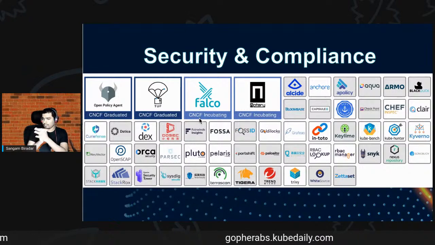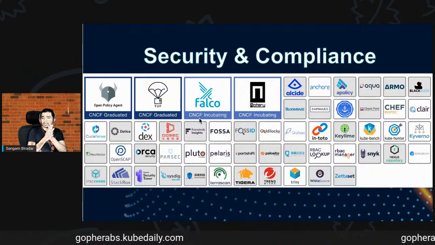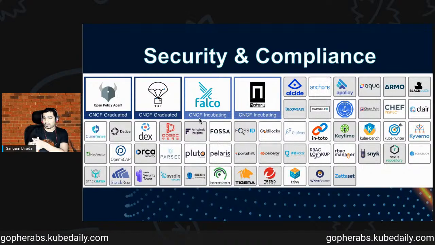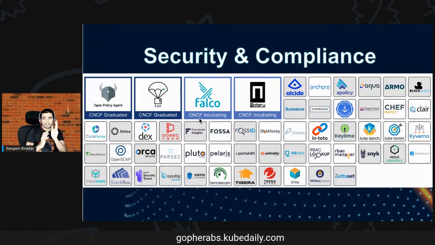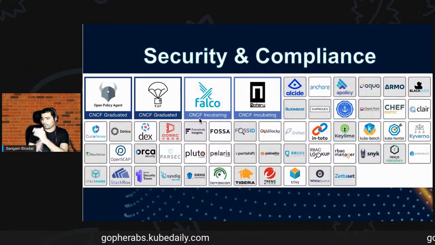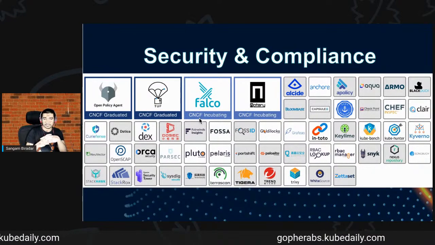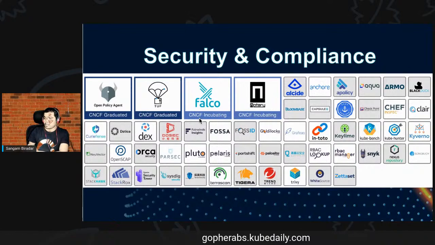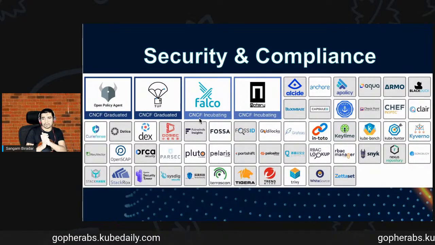There are a bunch of other projects, and at Accurics we have our own project in the CNCF called Terrascan, which scans infrastructure as code before provisioning the infrastructure. You can check all the violations, what is happening, and what's going on in your infrastructure as code.